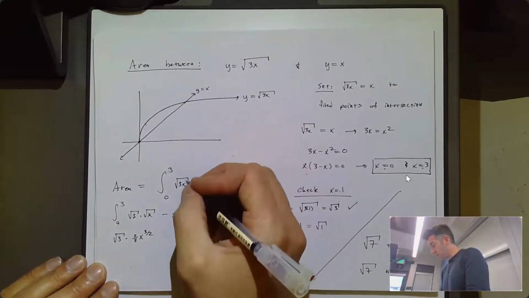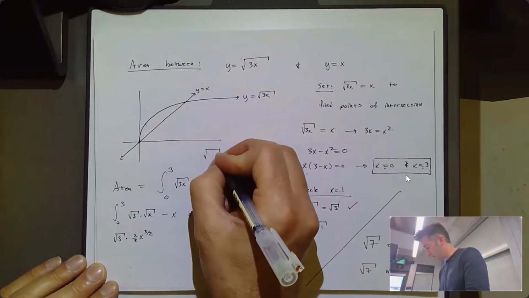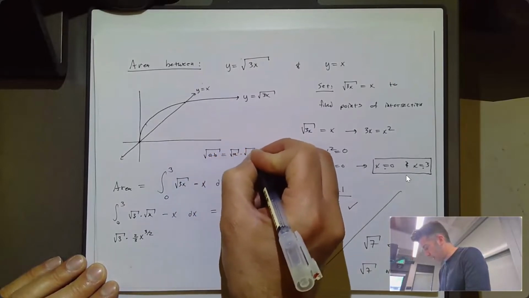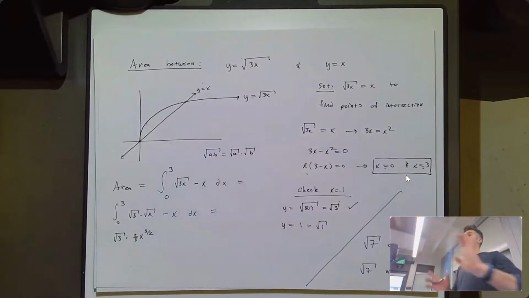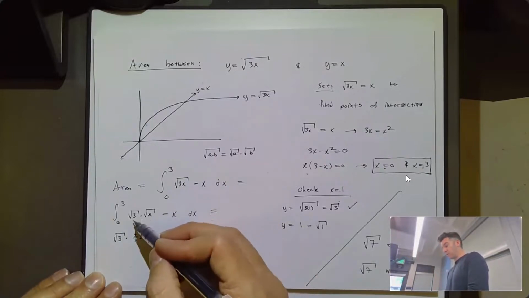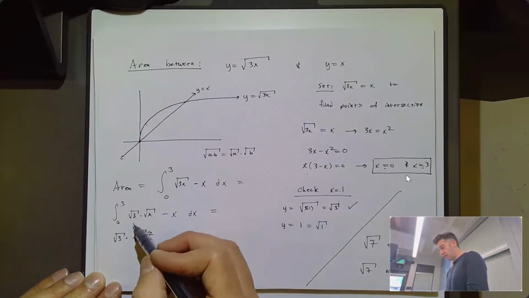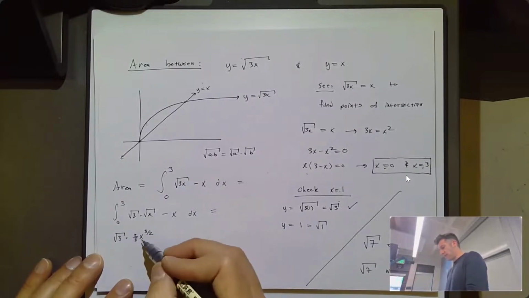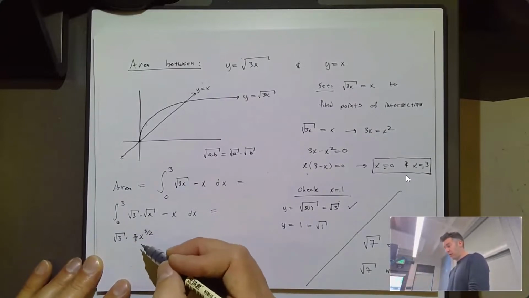It is true that the square root of a times b is equal to the square root of a times the square root of b, as long as a and b are both positive. If either one of them is negative, you have issues. That's what I'm doing there. I'm breaking the square root of 3x as the square root of 3 times the square root of x. And then the square root of 3 is a constant. It's like 1.7-ish. It's staying out in front. And then we're anti-differentiating the square root of x.